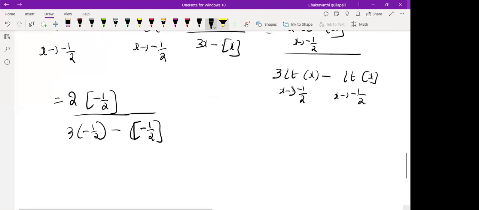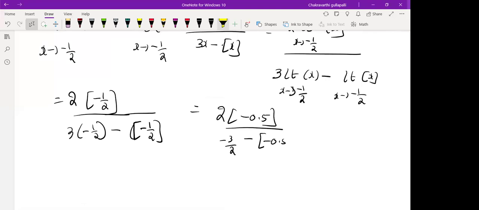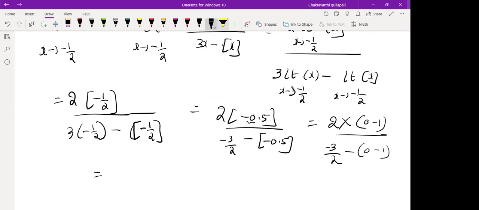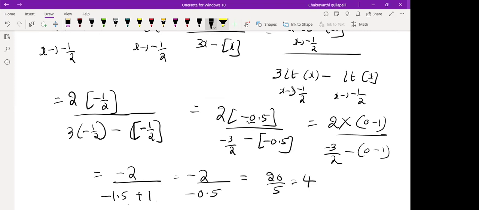Calculate the box value. How to calculate this box value? Minus 0.5. Yesterday we have seen: what is box?